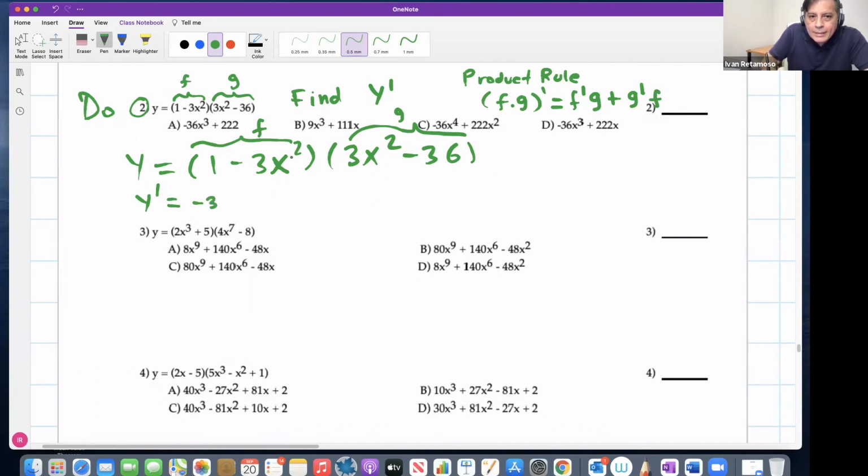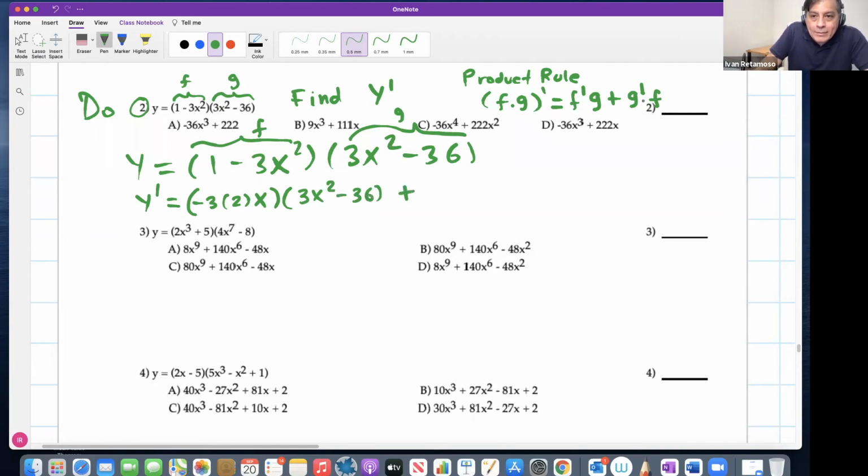Let's write it like this. And then the derivative of this x squared, which is 2 times x, right? One less stays here, it's just 1. This is the derivative of the first factor, times the other factor as it is, the function g, 3x squared minus 36, right? This is this part.